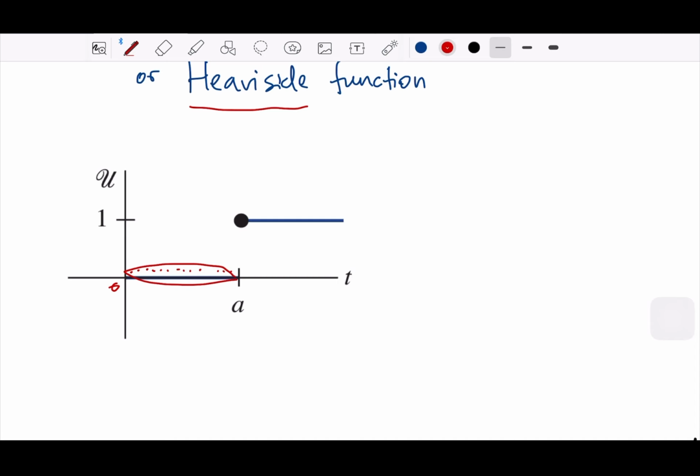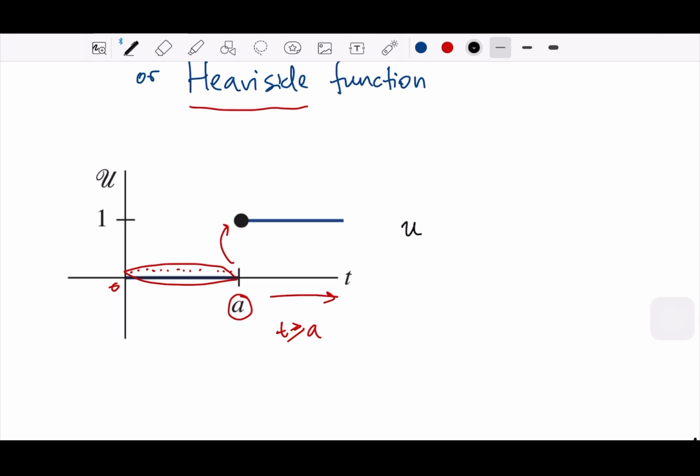But suddenly it jumps. From A onward, where t is greater than or equal to A, it equals 1.